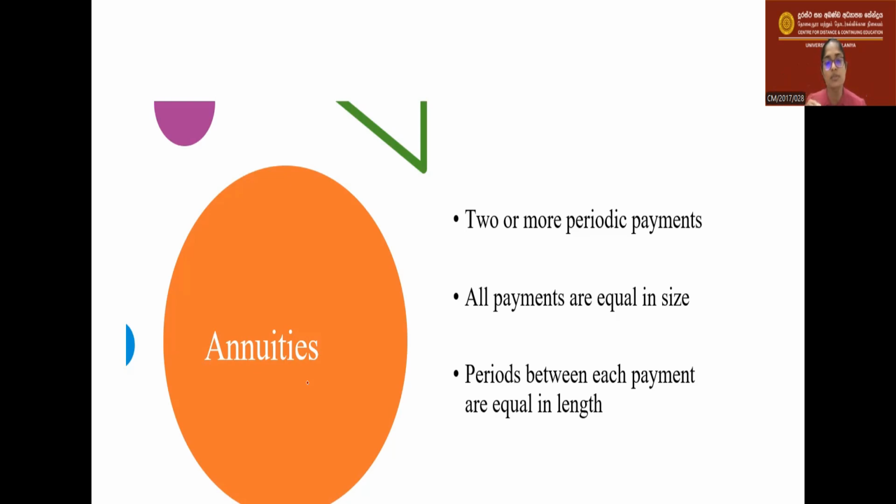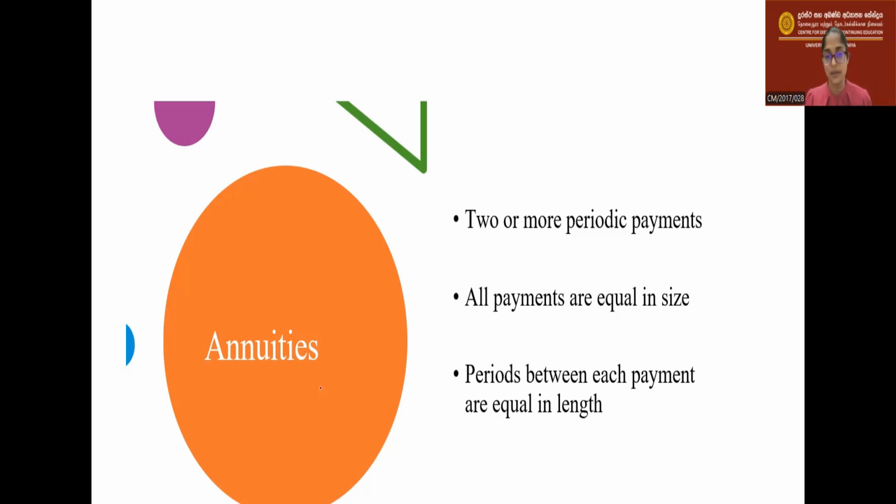Those are labeled as the ordinary annuity. If the payments or receipts, which should be equal, are received or paid at the beginning of each year or each month, that type of annuity is labeled as the annuity due.